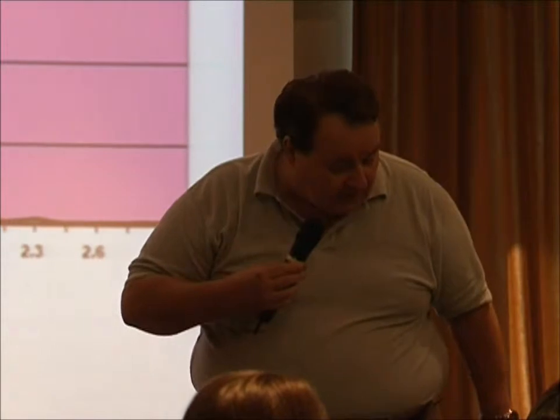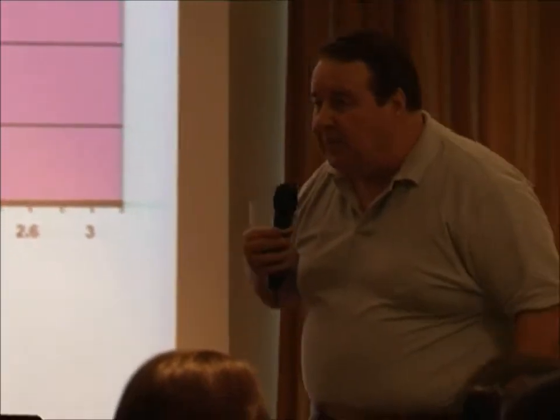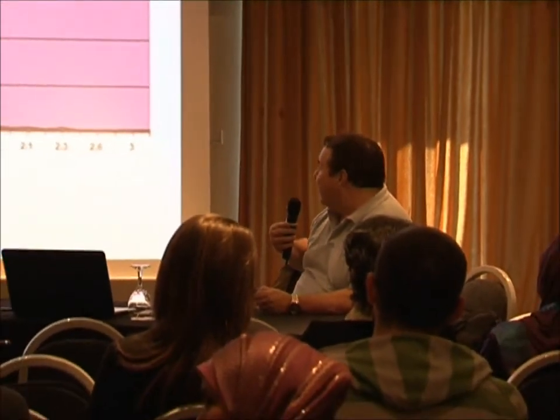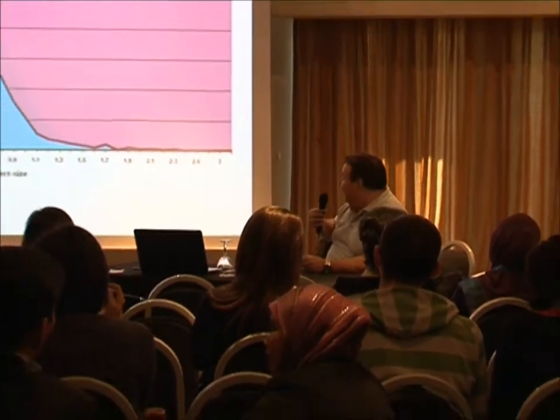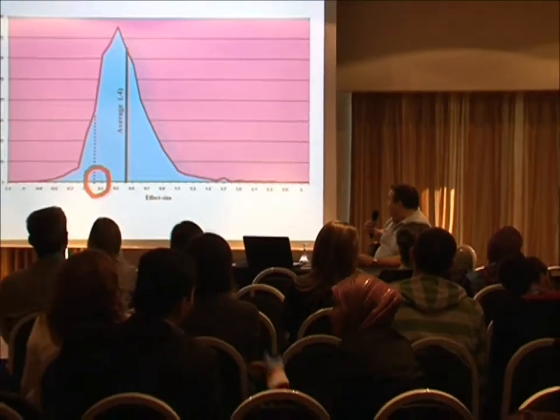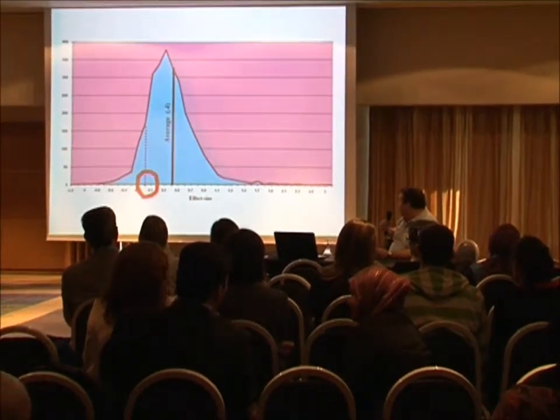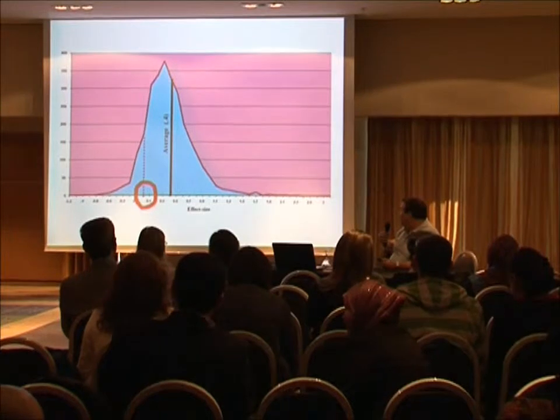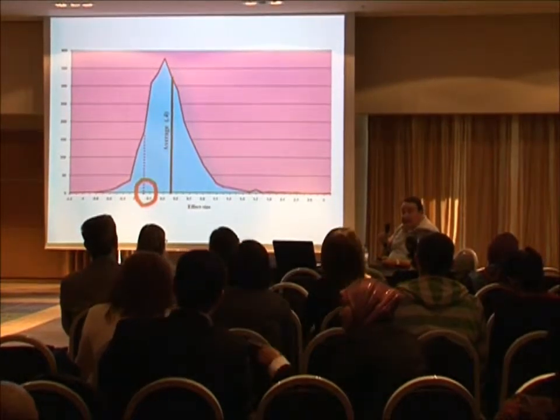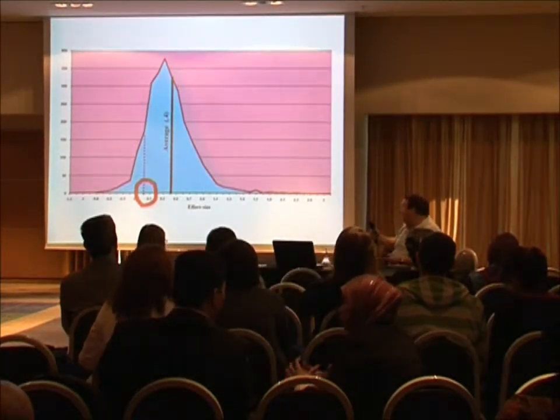So this is again a different picture of the same idea. I've circled 0, not the right place to begin. And the vertical line shows the average effect size for all the things that are done.